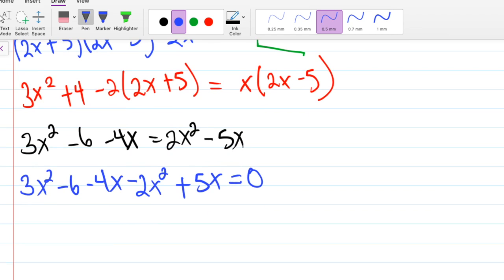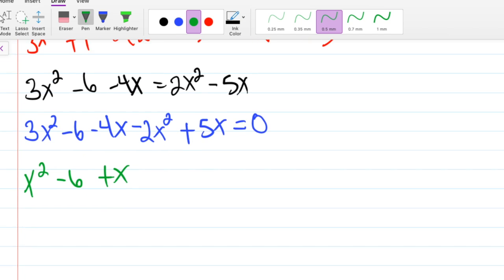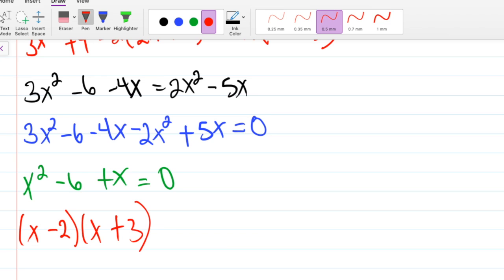And from here, you're just going to want to simplify that. That's going to go to x squared minus 6 plus x. Now from here, you're going to want to factor this, and you can set it equal to 0. When you factor this, you would get x minus 2, x plus 3, set equal to 0.